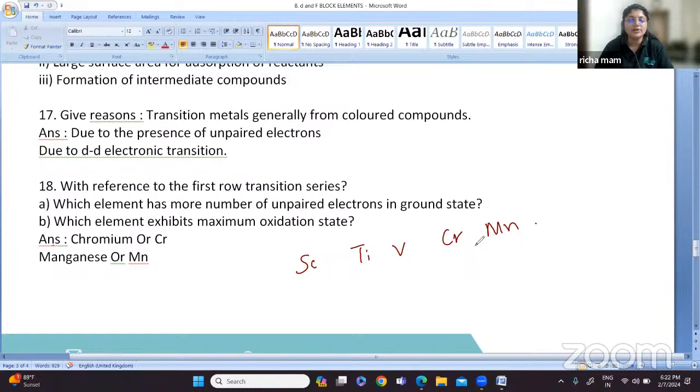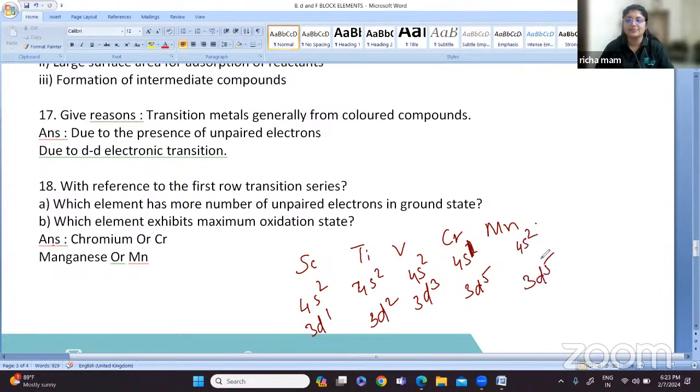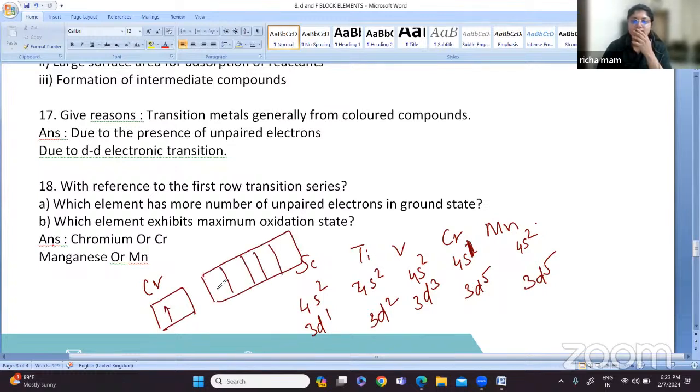When you compare the electrons, scandium is 4s2 3d1, titanium is 4s2 3d2, vanadium is 4s2 3d3, chromium is 4s1 3d5, sorry, and manganese is 4s2 3d5. So in chromium, with 4s1 and 3d5, you can see the number of unpaired electrons.